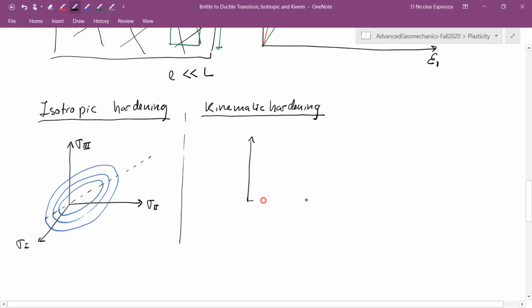Basically, in kinematic hardening, the yield surface is going to grow or move in a direction which is not the same for all the principal stresses.